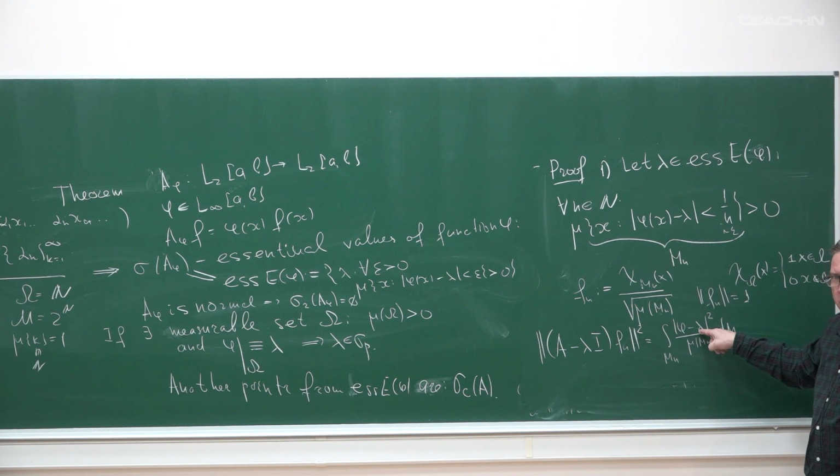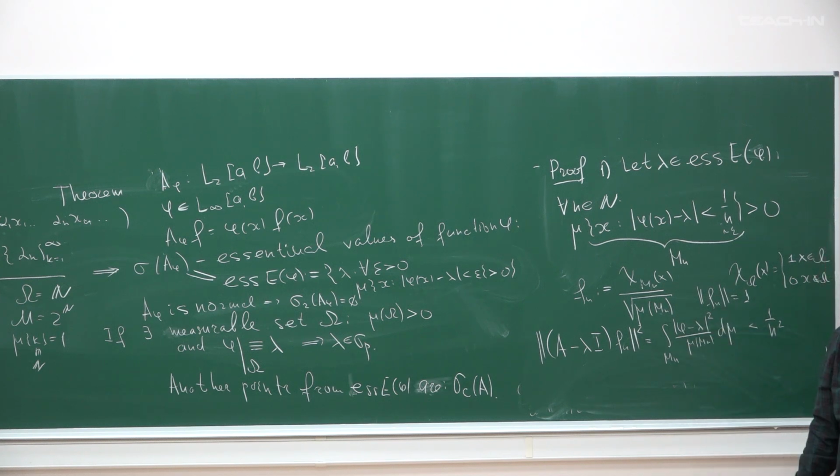What is the estimation of this numerator? By definition of the essential value, lambda is an essential value, it is less than 1 over n squared. The numerator, and then you integrate the inverse of the measure over the set with the same measure.